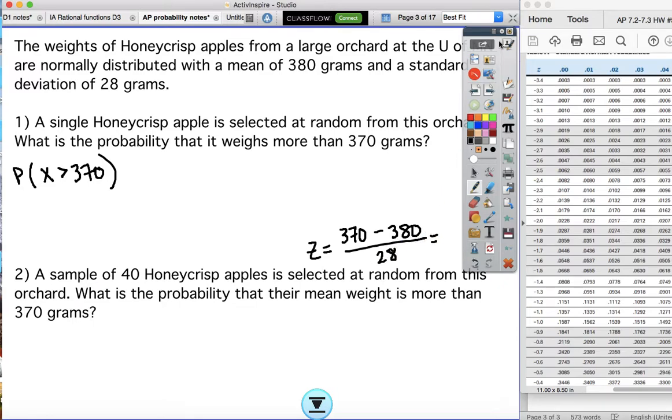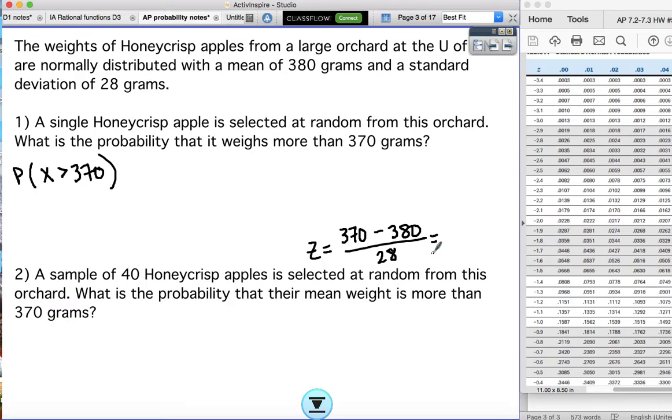So when you put all that in your calculator, you are going to get negative 0.36. So essentially what I am saying up here is my percent, or my probability, that my z-score is greater than what I got here for my z-score, negative 0.36.